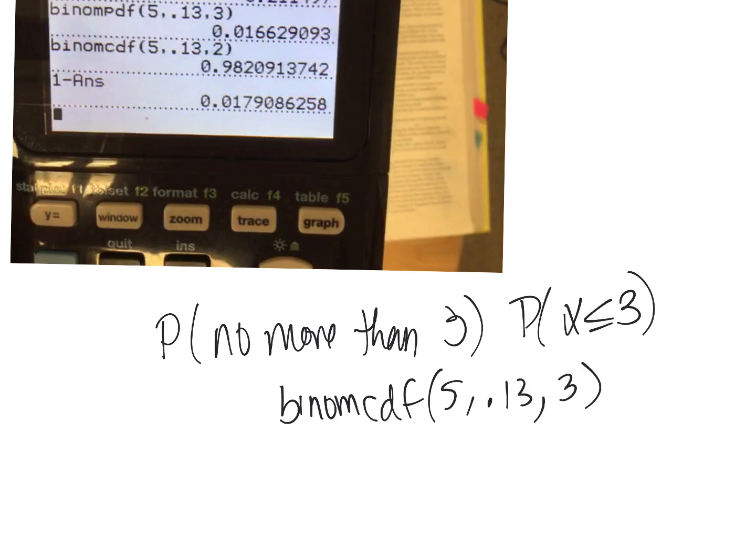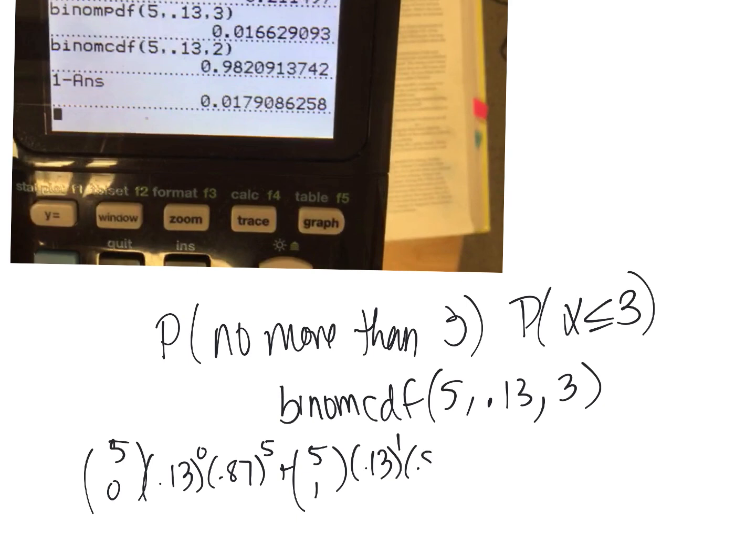Now by hand, it's 5 choose 0, 0.13 to the 0, 0.87 to the 5, plus 5 choose 1, 0.13 to the 1 success, which means 0.87 to the 4 failures, plus 5 choose 2, 0.13 to the 2 successes, times 0.87 to the 3 failures.